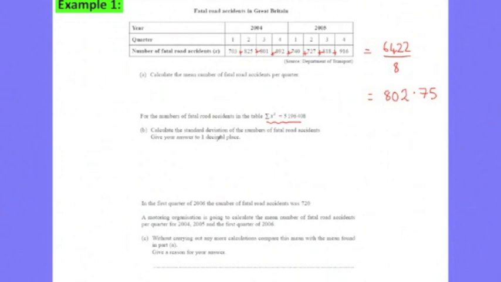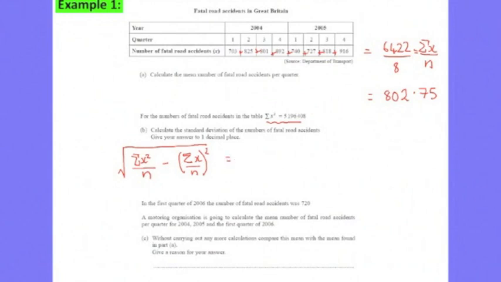To calculate the standard deviation here, we will find this by taking the square root of the sum of x squared divided by n, how many numbers there are, subtract the sum of x divided by n, this is the mean, all squared.